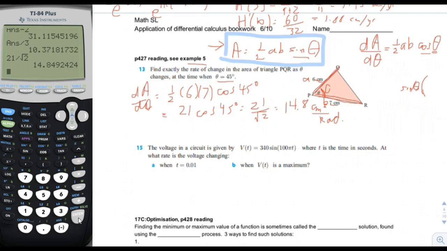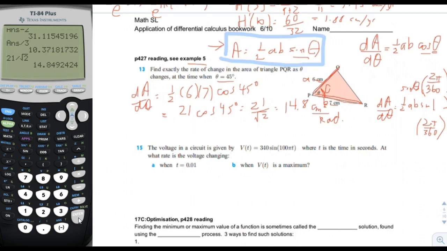That's true if the angle's in radians. So if it's in degrees, then what we do is we divide by 360 and we multiply by 2 pi to get radians, right? So then when we take the derivative, dA d theta, we have sine, and then we need to take the chain rule of that.